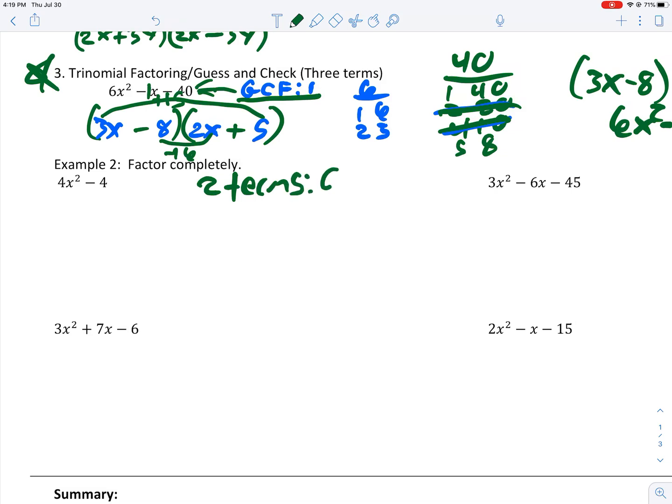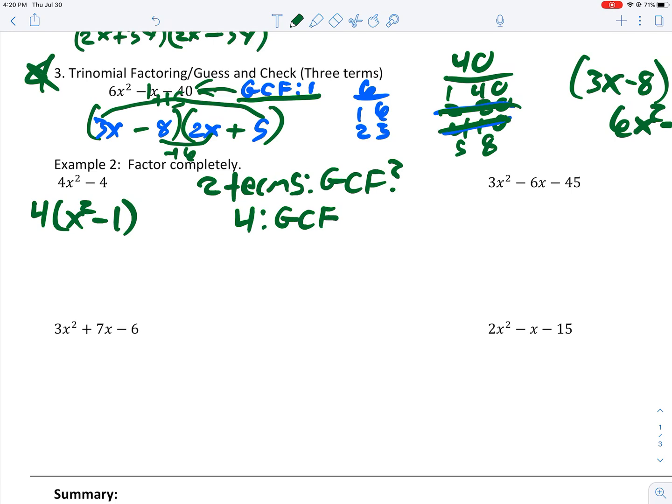Okay, example 2: two terms. So I'm thinking, okay, GCF. Well, yeah, it's got a GCF of 4. So factor out the 4, and this would give me x squared minus 1. Well, x squared minus 1 is a difference of perfect squares.